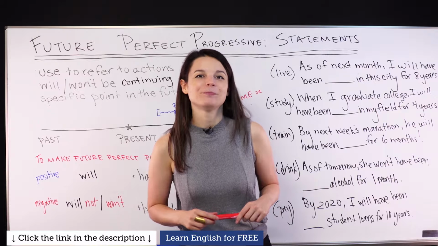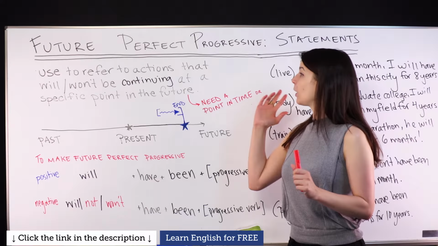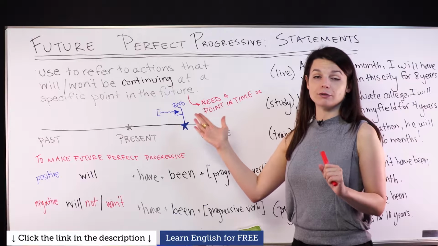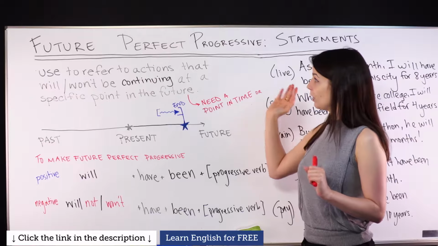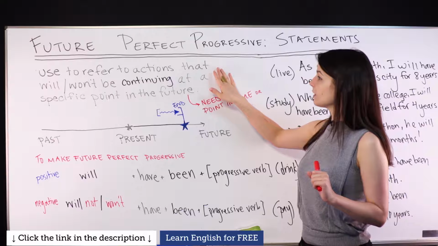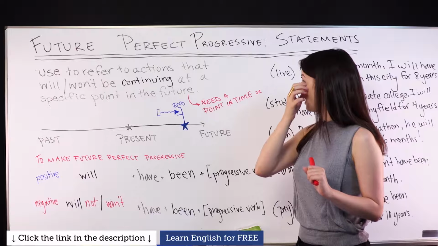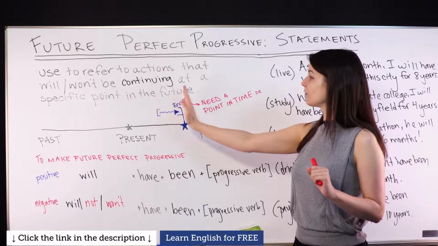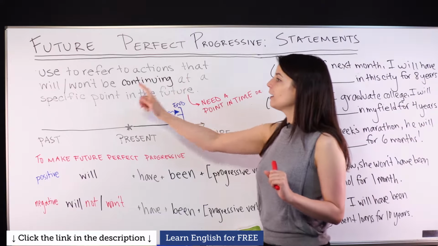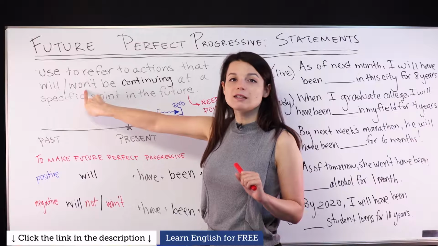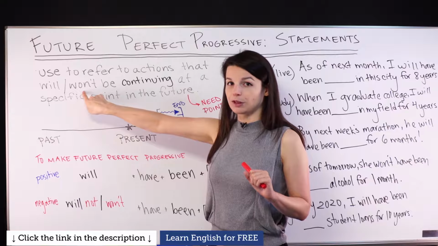So let's begin. Let's first take a look at when we use the future perfect progressive tense. We use this grammar point to refer to actions that will or won't be continuing at a specific point in the future. So here I've included won't be continuing, but this is really, really rare.